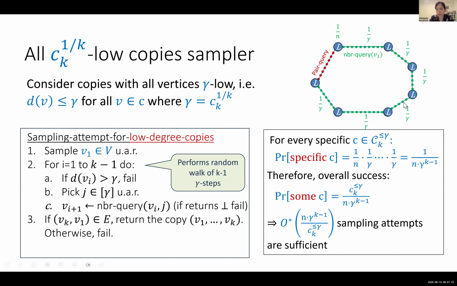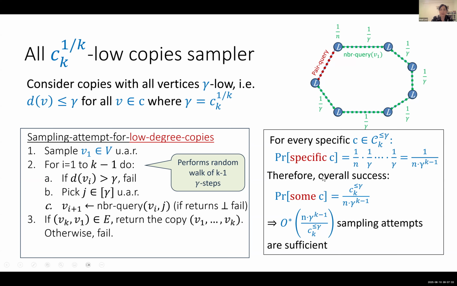Each index is guessed correctly with probability 1 over gamma. So overall, the probability to sample a specific copy C is 1 over n times gamma to the power of k minus 1, where gamma equals ck to the power of 1 over k.